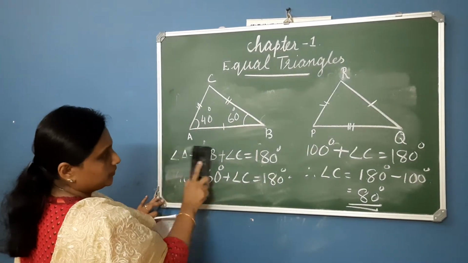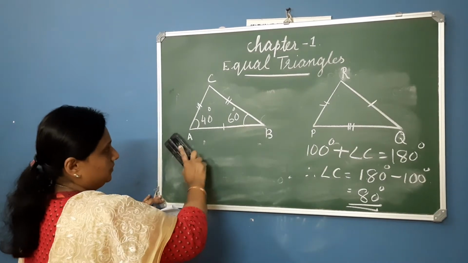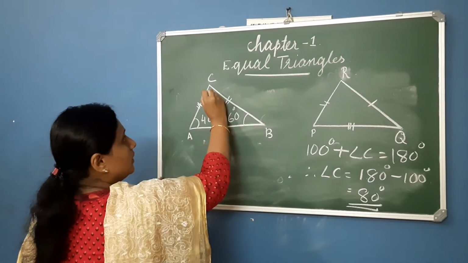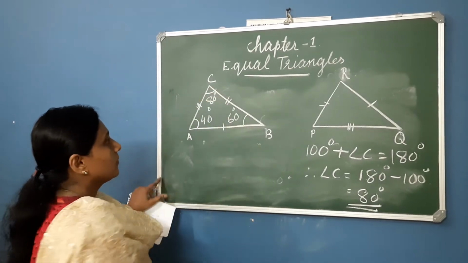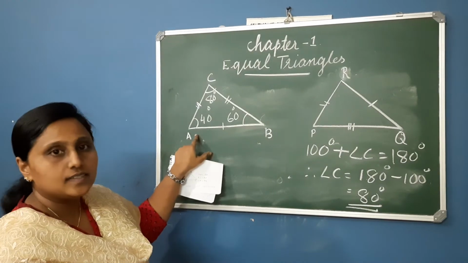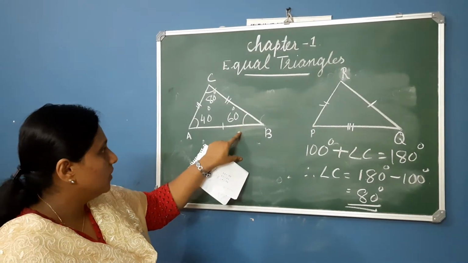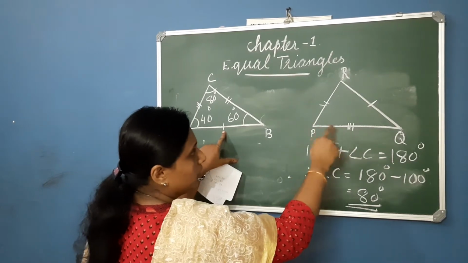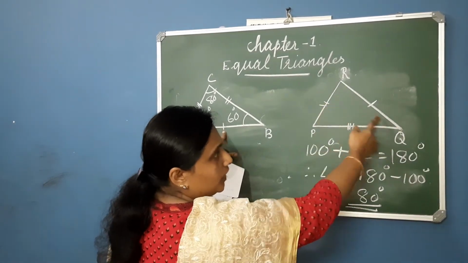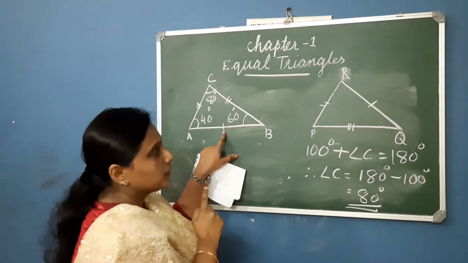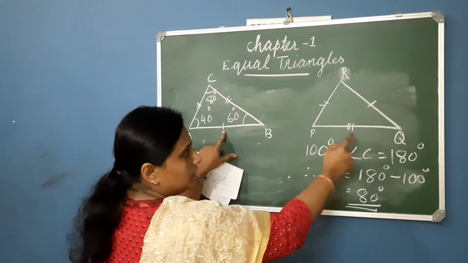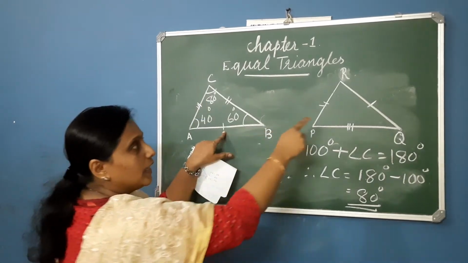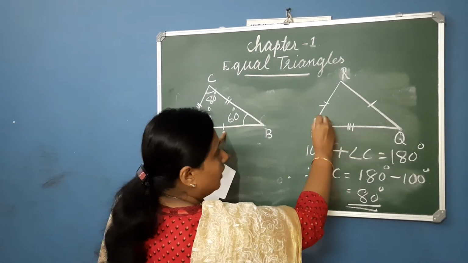So, let us consider, so here angle C is equal to 80 degree. So let us consider side AB. Which is the side equal to AB in triangle PQR? QR. QR is the side equal to side AB. Therefore, the angle opposite to AB is equal to the angle opposite to QR.